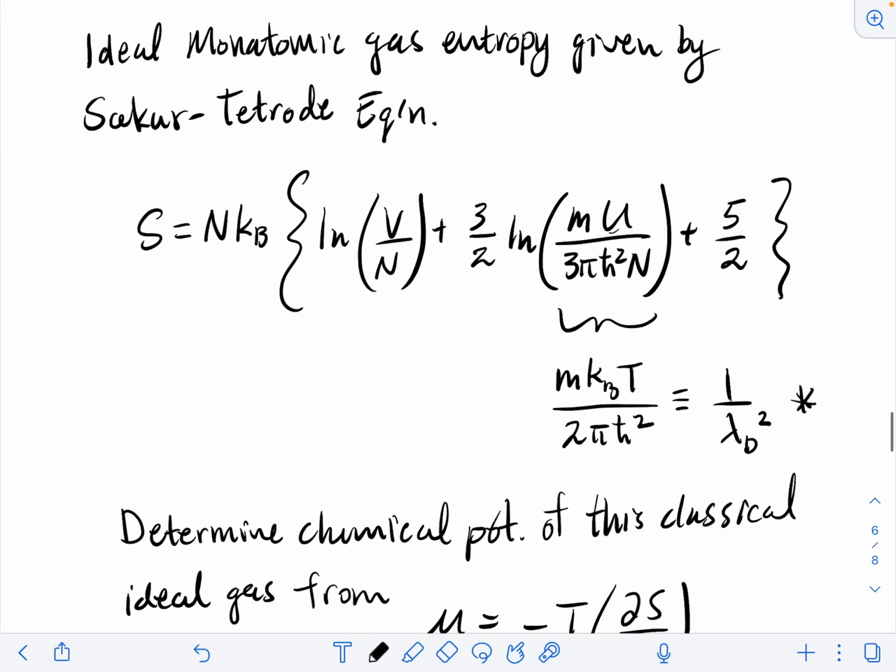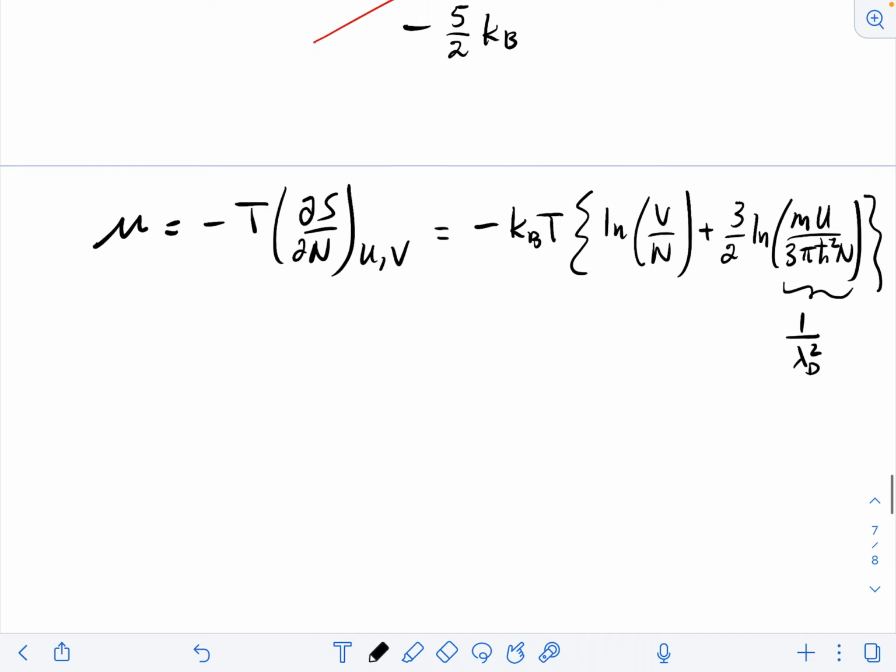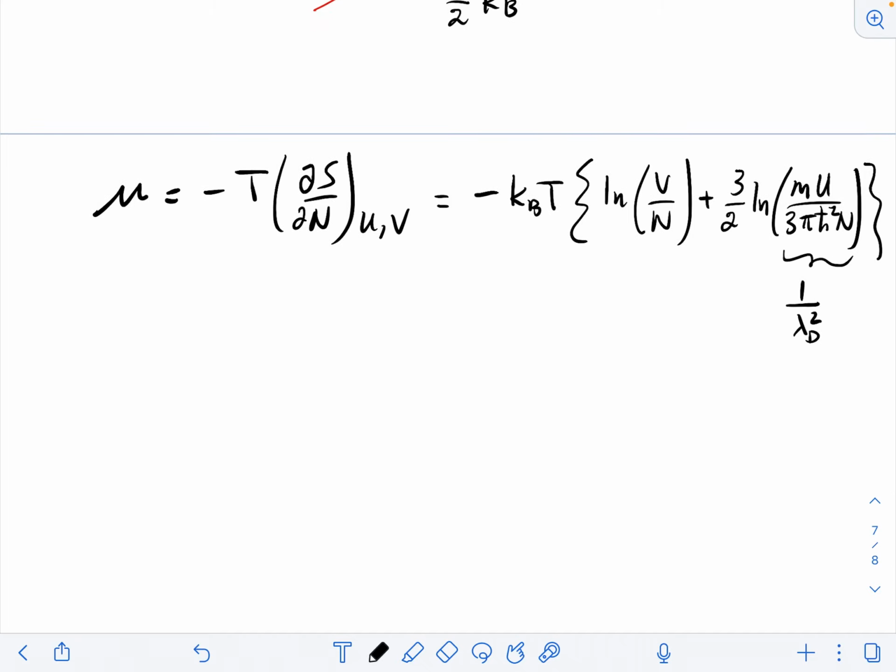And then the V over n, I'm just going to make note of n, the number density of particles is n over V, so this V over n is 1 over the number density, and so that means ln of V over n is ln of 1 over n, or minus ln of n.